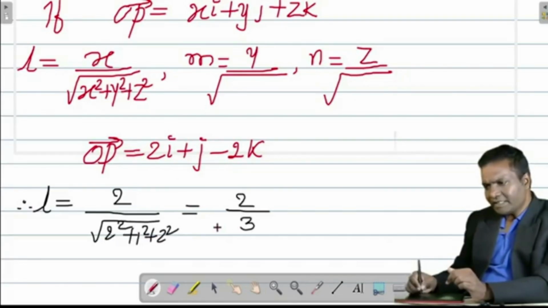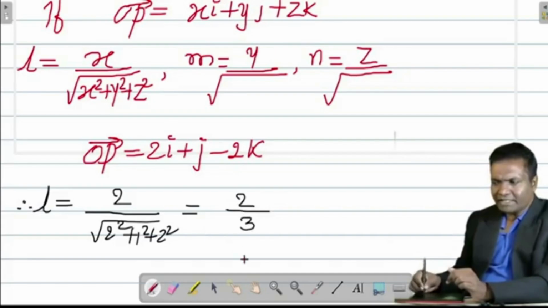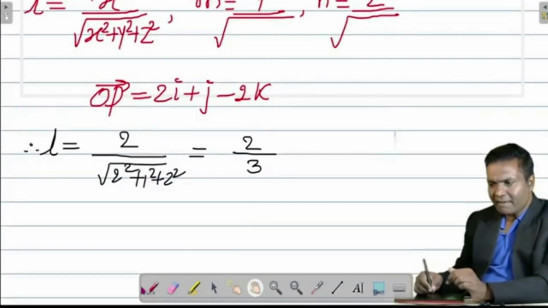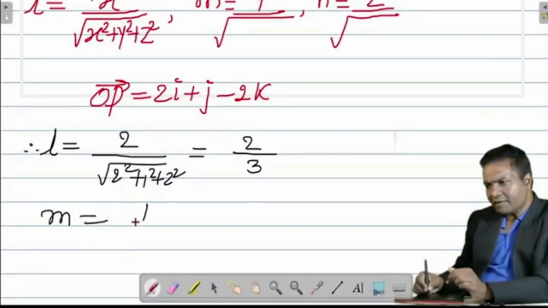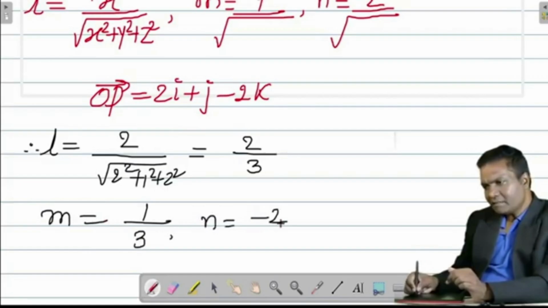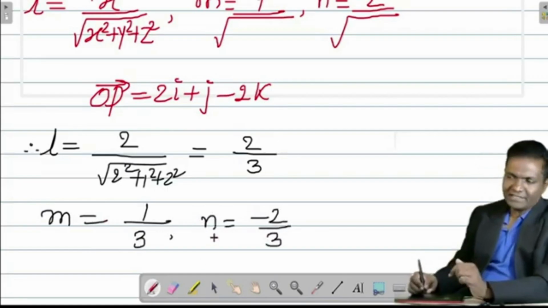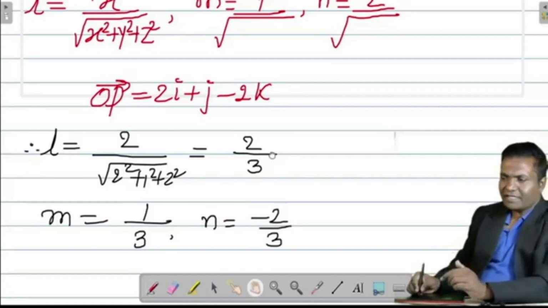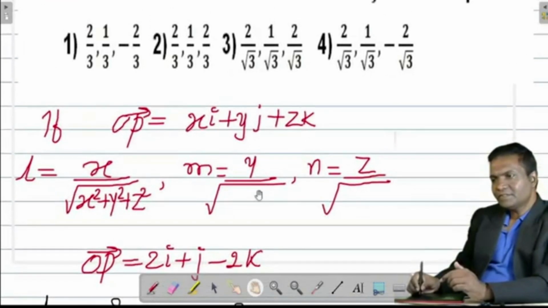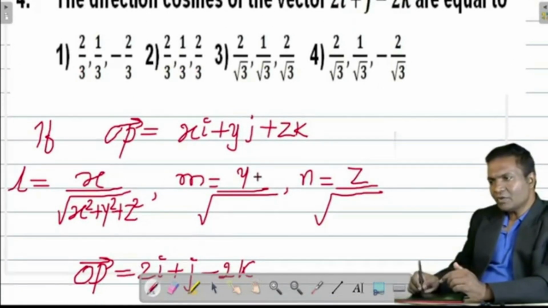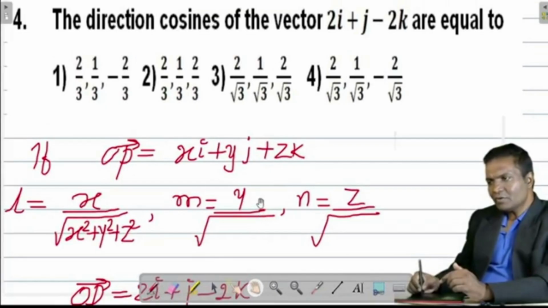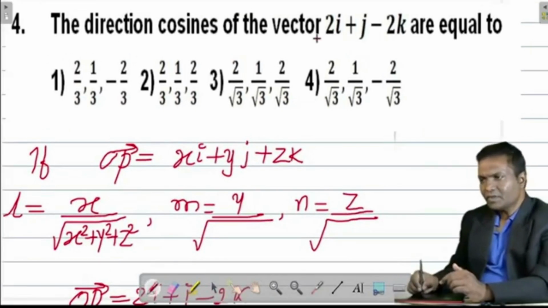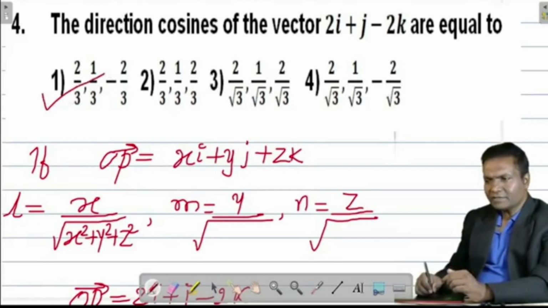You will get 2 by 3 because you will get 9 here. Quickly you can calculate m and n. So m is 1 divided by 3 and n is minus 2 by 3. So your direction cosines are these; you can check your answer with your given options. Okay, so the first one is the correct one.